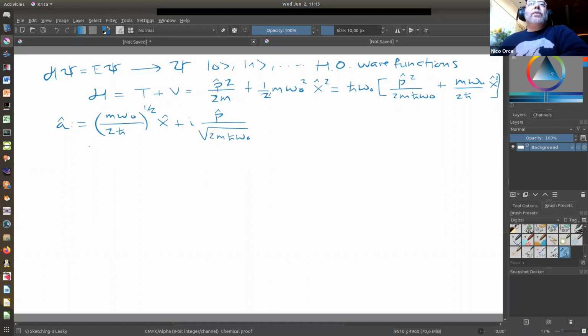And we do the same thing for A dagger, the creation operator: we have (m omega naught over 2 h bar) to the 1/2 of x, minus i P over the square root of 2m h bar omega naught, and this has a hat, right? In such a way, if you add or subtract them, you can change the Hamiltonian into A and A dagger, and that was an assignment.